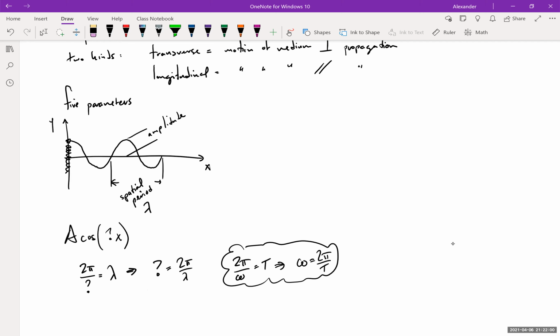So this is angular spacing? Capital T was the temporal period, and then we talked about it as 1 over f, and we said that omega is the angular, 2 pi radians, frequency.